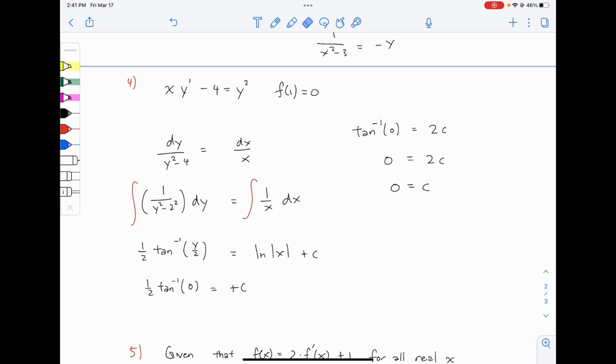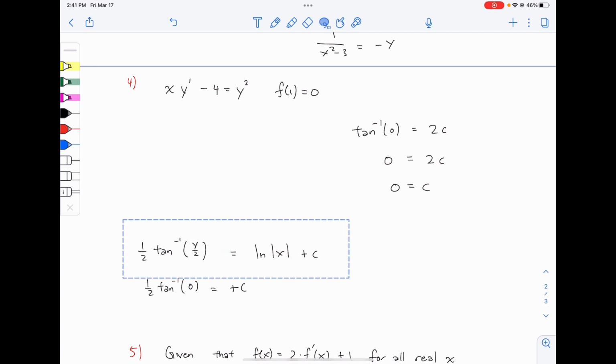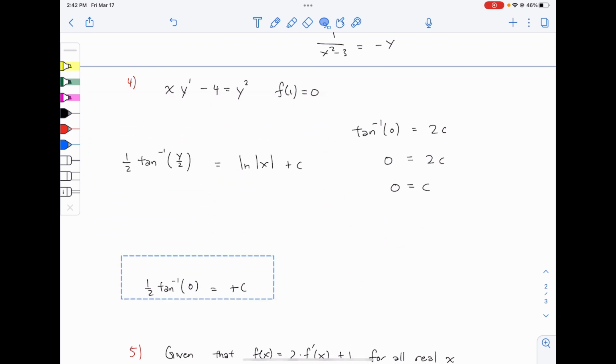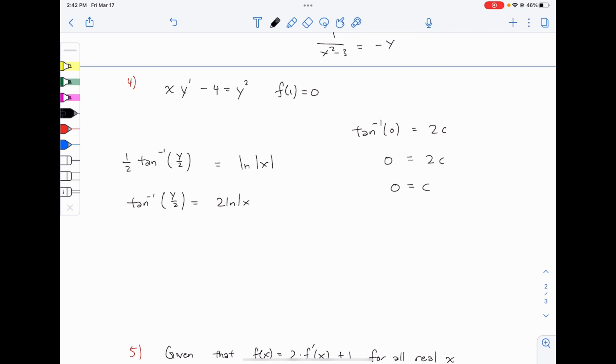Okay, so once we have that, let me erase most of this stuff. Okay, c is equal to 0. Going to get rid of that because c is 0. Now, 1 over 2 times 2 on both sides, tangent inverse of y over 2 is equal to 2 ln absolute value of x.